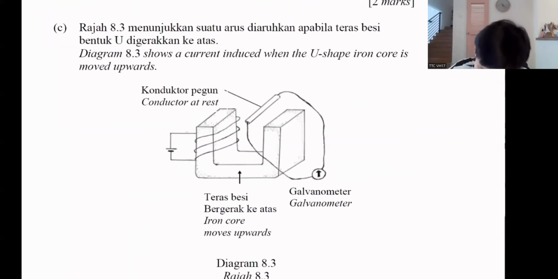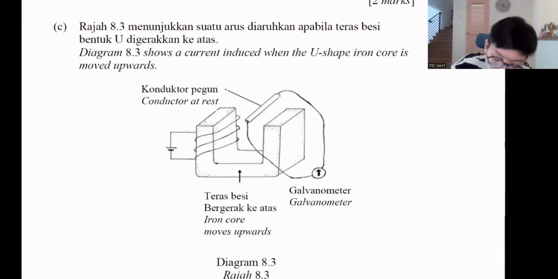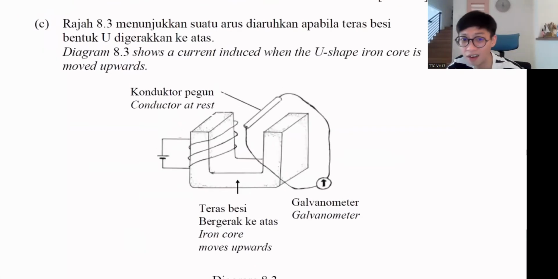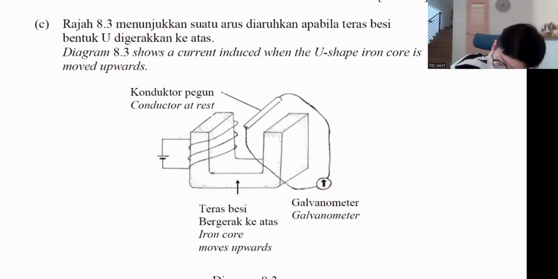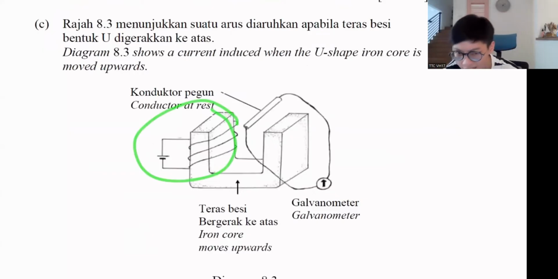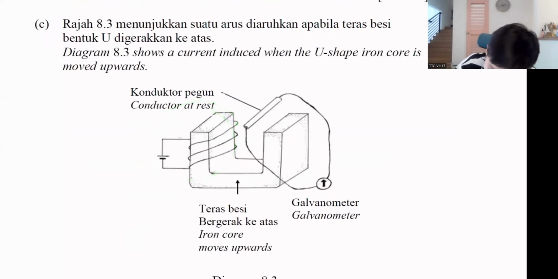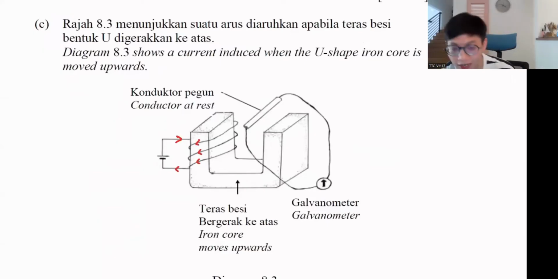Okay, next. We see here, this question is a bit weird, but with a bit of help, it becomes not very weird. Now they purposely give you a weird circuit here. So what's the purpose? They want you to know that the current is going to go this way, then this one will come out. So this is the direction of my current.